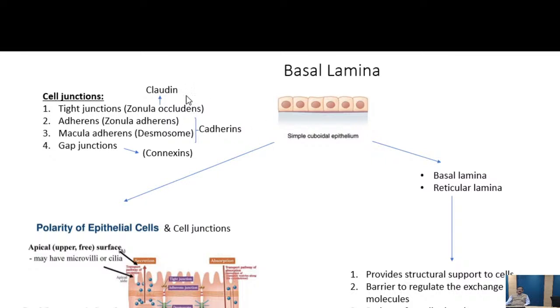So let us look at the various cell junctions which are present between the epithelial cells at the sides as well as at the bottom. When we look at the different types of cell junctions, we see that there are tight junctions. Tight junctions mean the cells are very closely anchored to each other, and the protein responsible for that is called claudin.